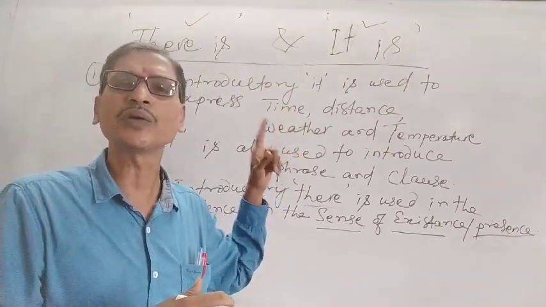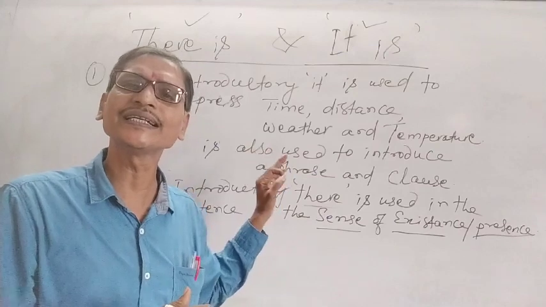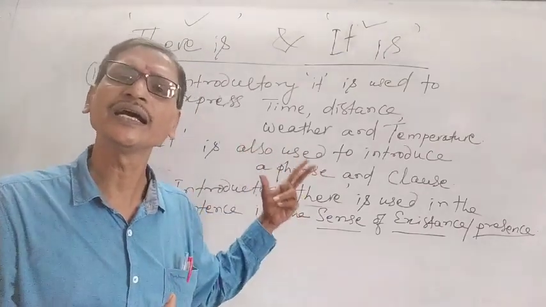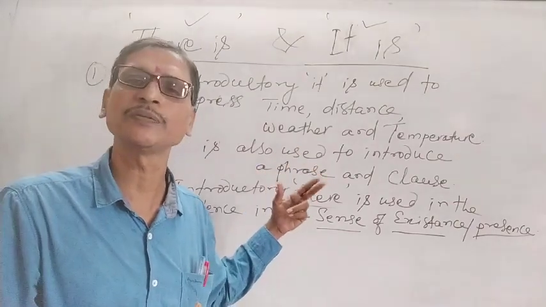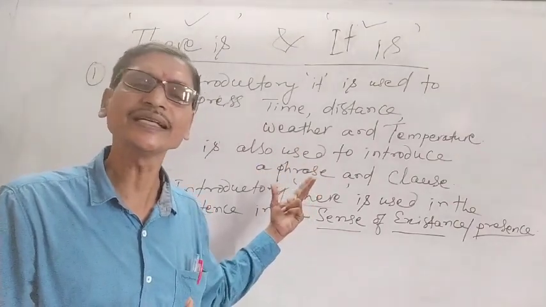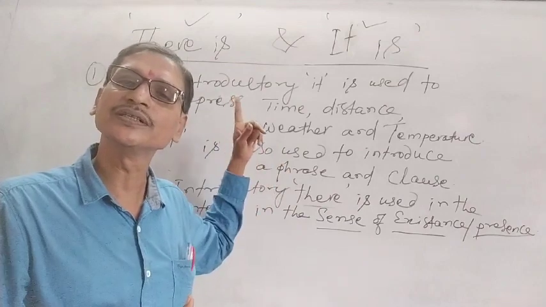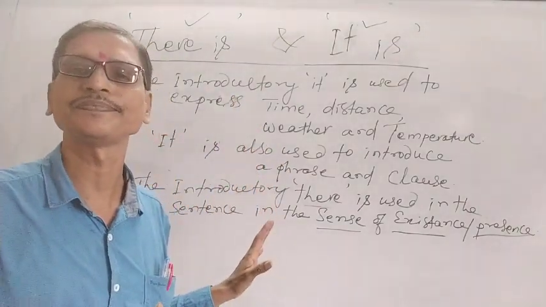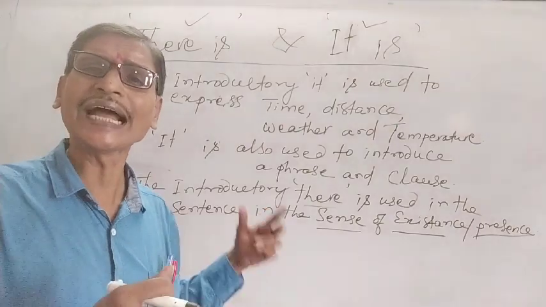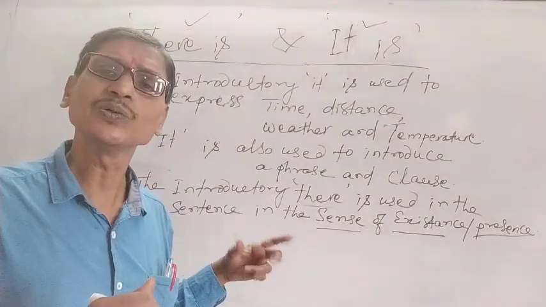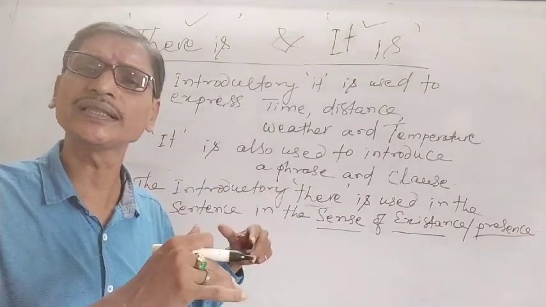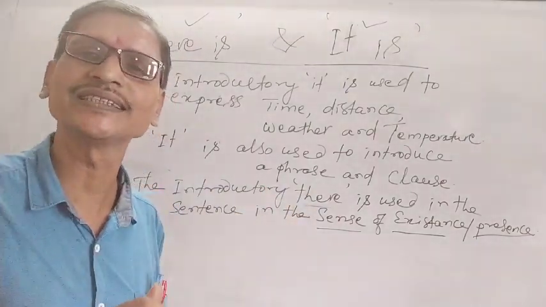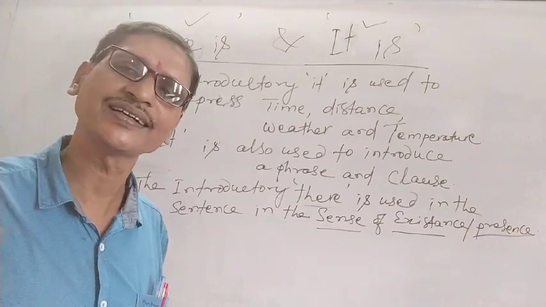The verb in the sentence starting with "there is" agrees with the real subject it follows, but "it" always takes a singular verb. Okay, let me write an example for that which we have already discussed, to recall this, so that you will have a clear understanding about that.